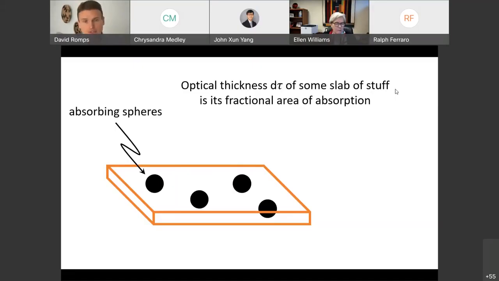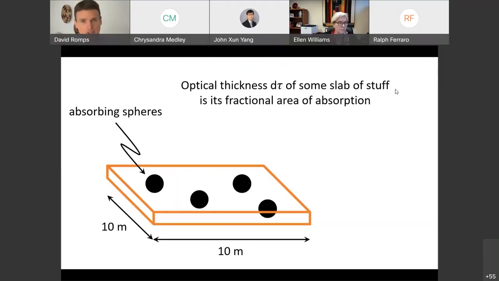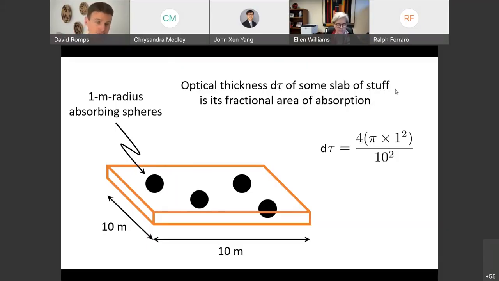So if I give some dimensions to this, we say the slab is 10 meters by 10 meters square, and let's say the absorbing spheres have a radius of 1 meter, then we can calculate what fraction of the slab is absorbing. It's simply the projected area of the spheres divided by the area of the slab. So the area of the slab is 10 meters by 10 meters, so it's 100 square meters.